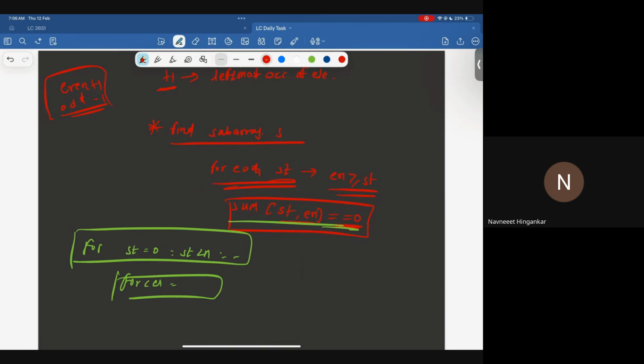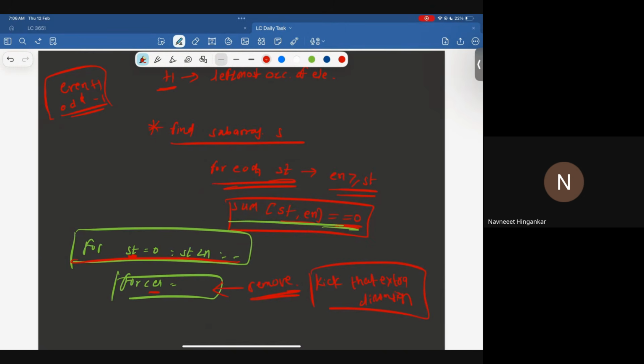Our target is to remove this extra dimension, kick that dimension out. This is common in data structure tasks, that we fix something, we have fixed start here, and we kick out the extra dimension, which is this for end, right?